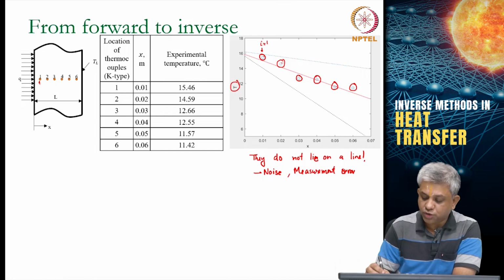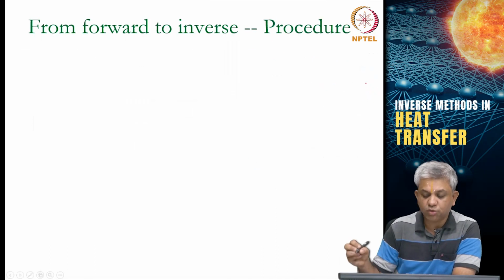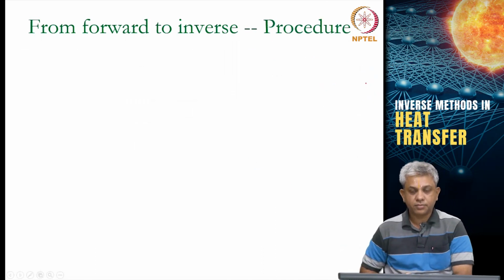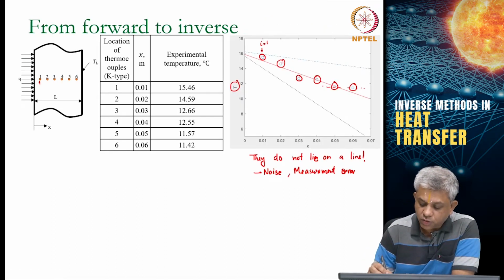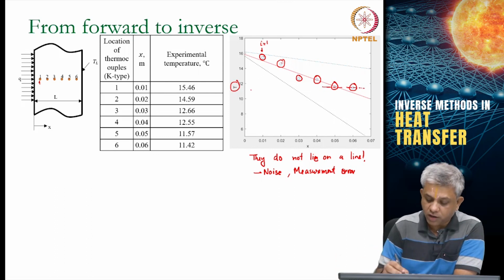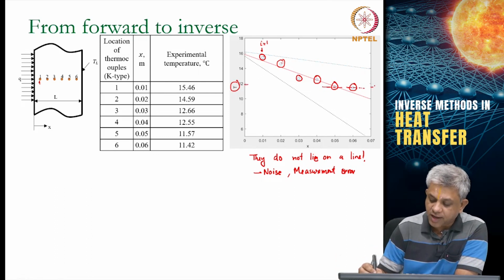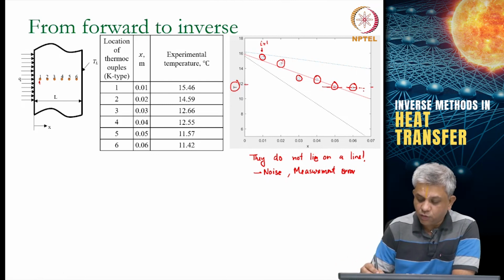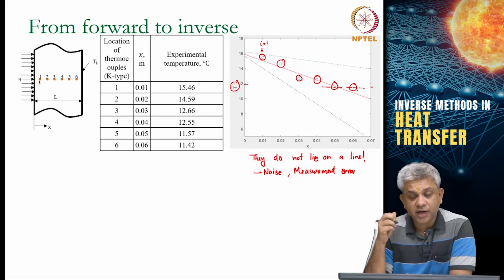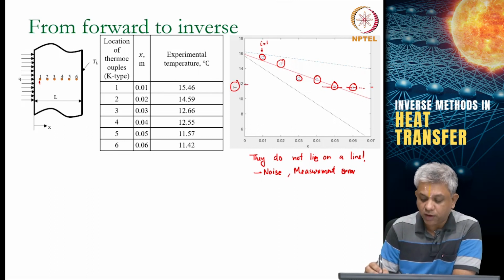So suppose you try to put a line through these two points and try to predict what T0 and TL are, if that is what we are trying to predict, that will give you one prediction. Or if you try to predict the heat flux, this line will give you one prediction.